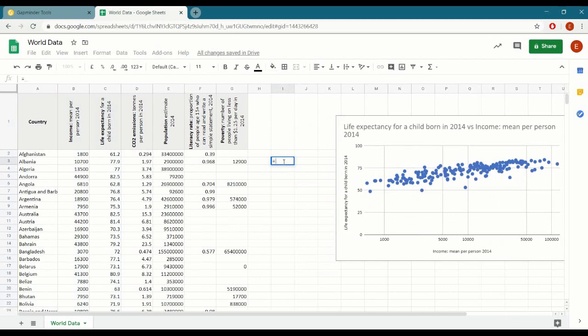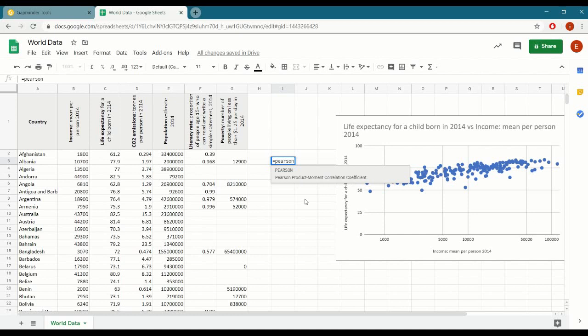If you know anything about spreadsheets, the equals tells us that we're going to enter a formula. And we're going to type in Pearson. Pearson was the surname of the mathematician who came up with this correlation coefficient, the thing that's going to measure correlation for us.